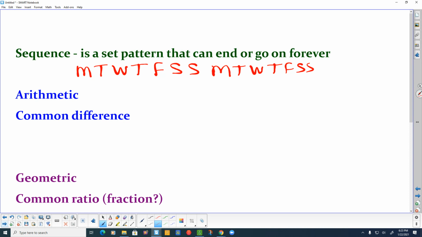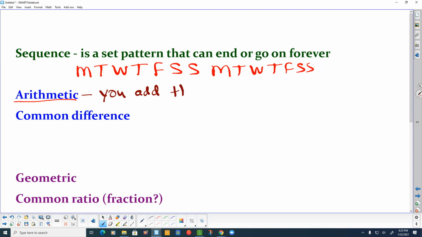What about a pattern that never ends? Well, let's look at this first one here, arithmetic. What does it mean to have an arithmetic sequence? Well, an arithmetic sequence is a sequence where you add the same number to get the next term.